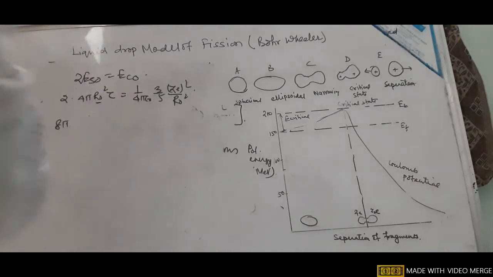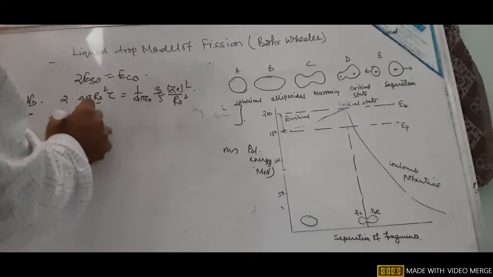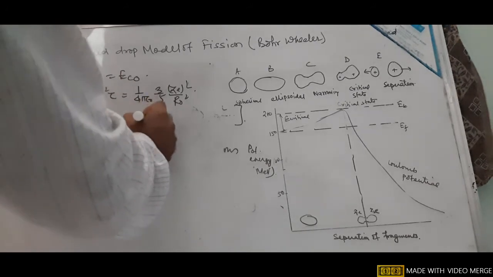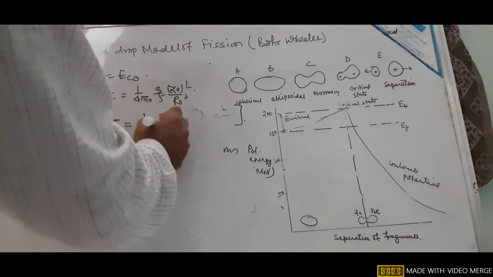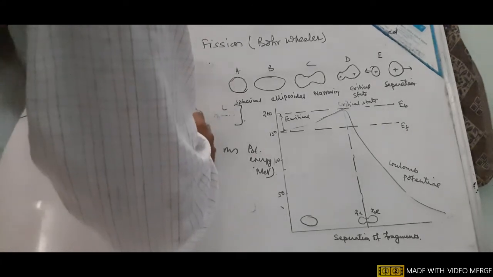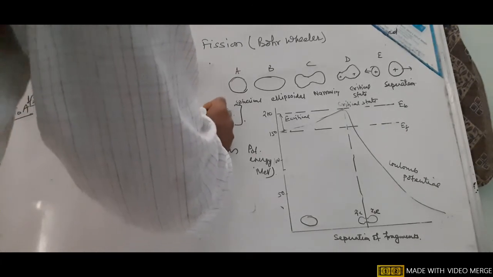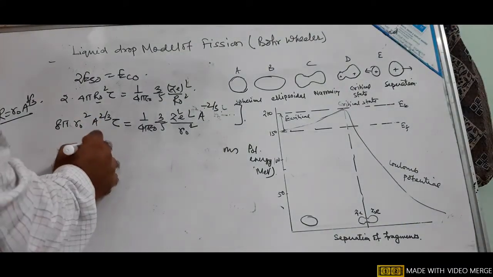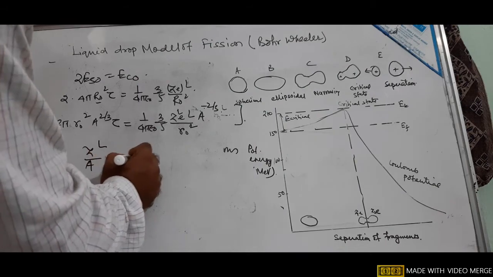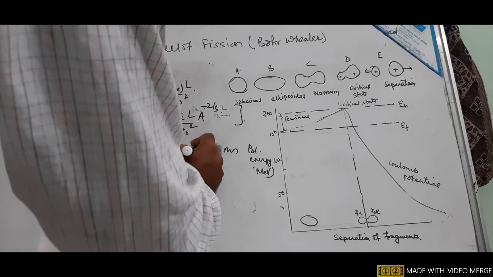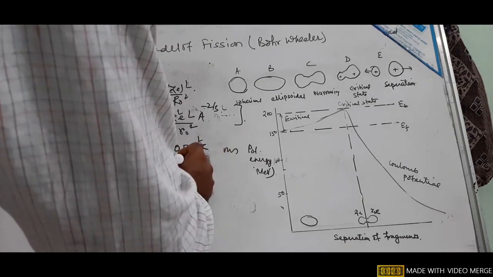So putting this, it becomes 8 pi r0 square A to the power 2 by 3 into surface tension, which is equal to 1 by 4 pi epsilon 3 by 5 Z square e square divided by r0 A to the power 1 by 3, so A to the power 2 by 3 goes across and this becomes minus 2 by 3, so this becomes Z square by A. From this equation we get Z square by A equal to 4 pi epsilon into 40, and then pi r0 square tau divided by 3 square.